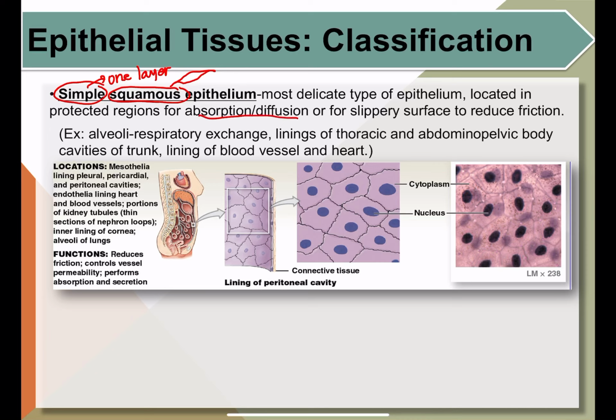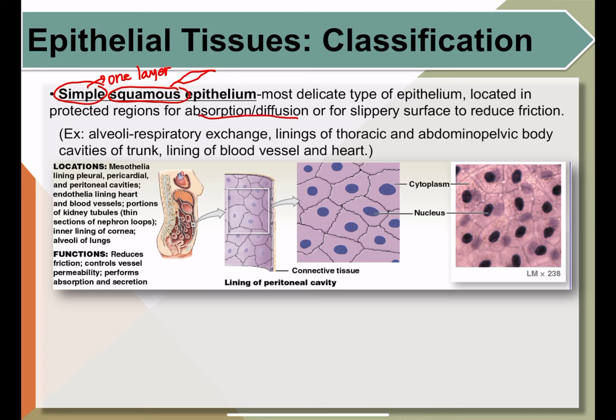We're talking about, for example, the surfaces of your lungs, the alveoli, where we're constantly doing gas exchange of oxygen and carbon dioxide at a rapid rate. Our cells are always in need of oxygen, and they're always producing the byproduct carbon dioxide that we need to get rid of. That's why those areas have simple squamous epithelium.